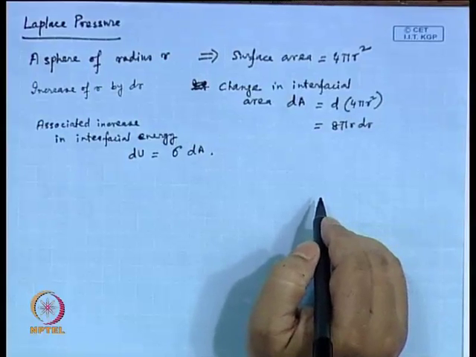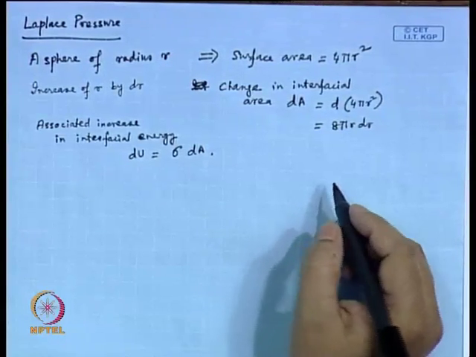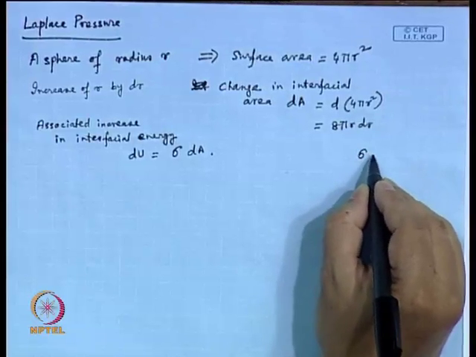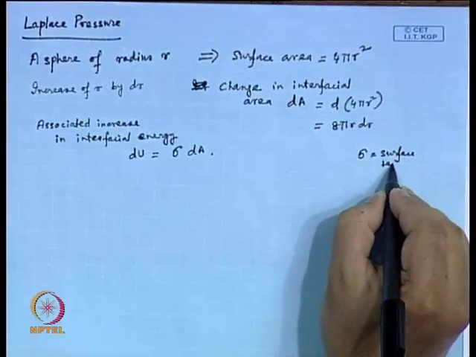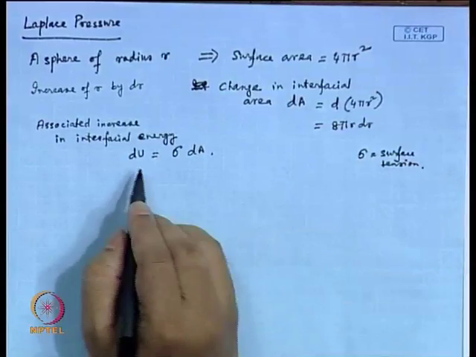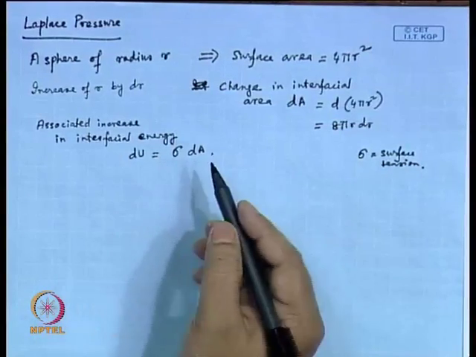Okay. What is sigma? Sigma is the surface tension. So what does this term mean? du equal to sigma dA.